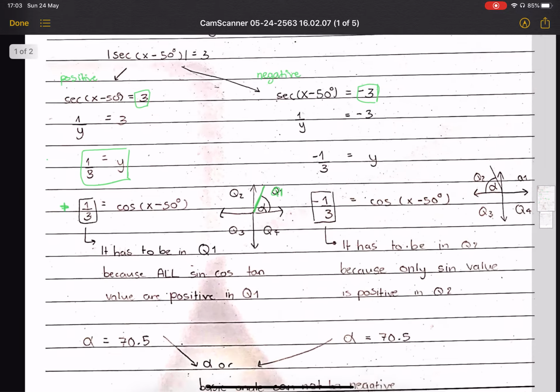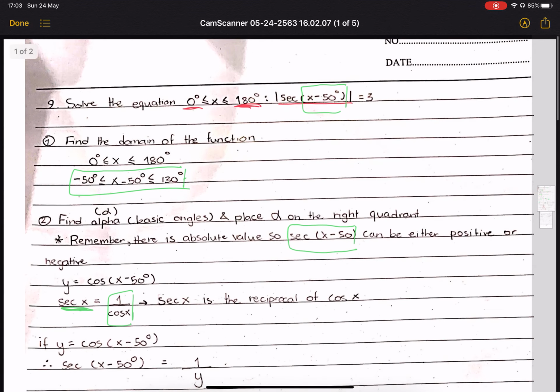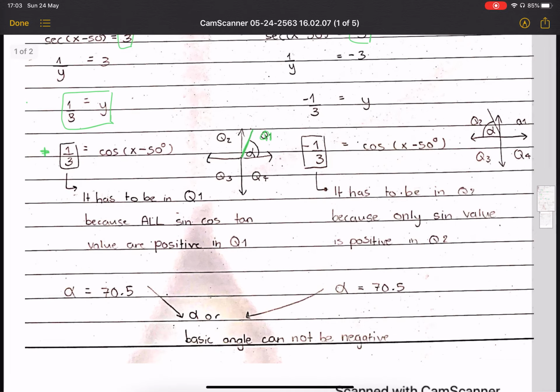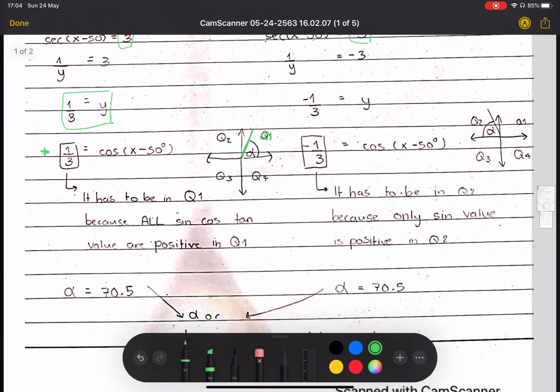And from the question, the domain can be only in quadrant 1 and quadrant 2, so it cannot be the other quadrants. Then we use a calculator to find the alpha angle, and we get 70.5.